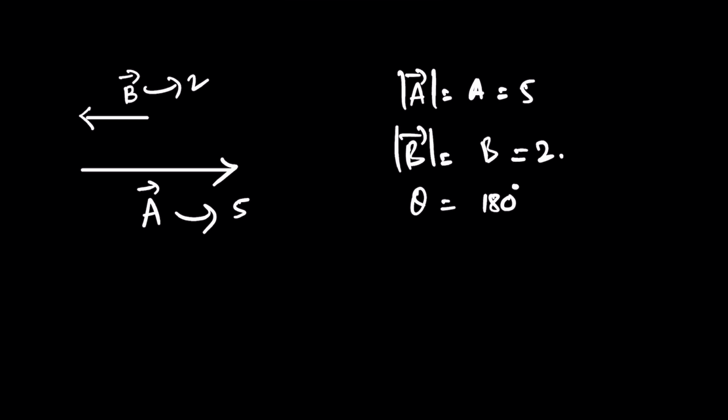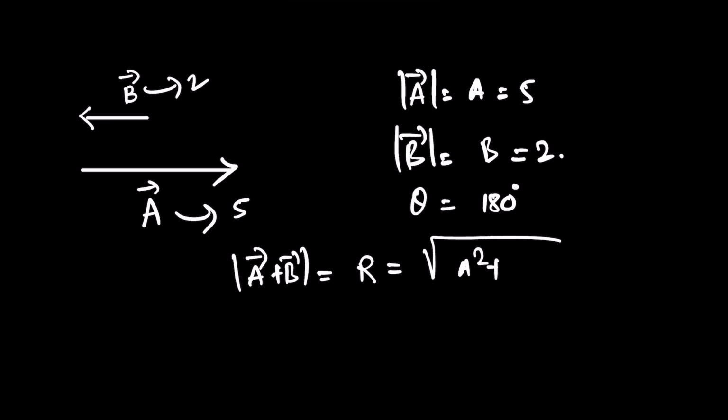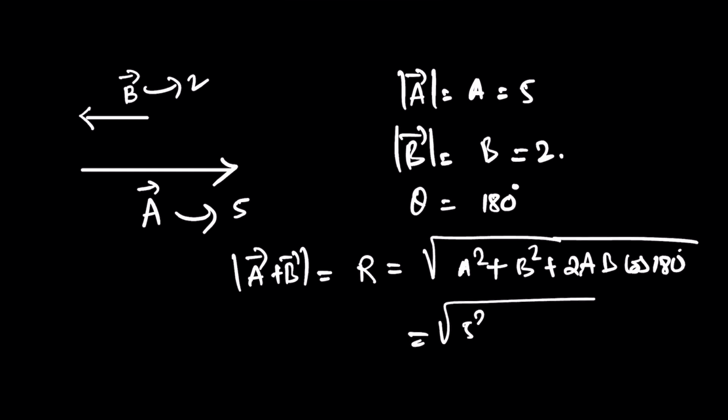If two things are in the opposite direction, the angle is 180 degree. The resultant, A vector plus B vector, is root over A square plus B square plus twice AB cos of 180, so 5 square plus 2 square plus twice 5 into 2 into cos 180.